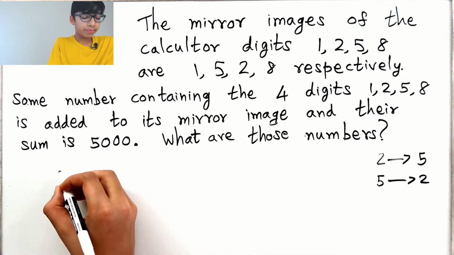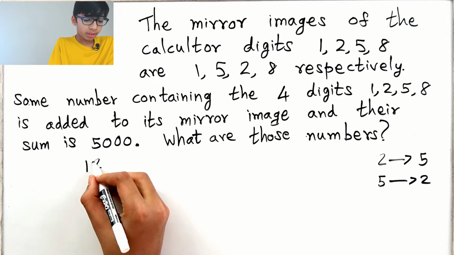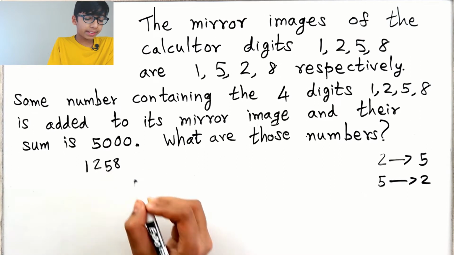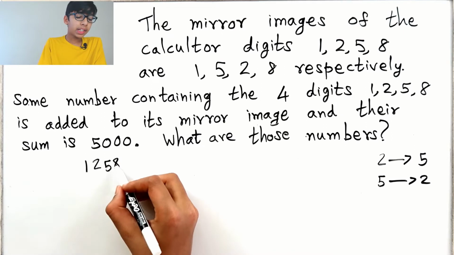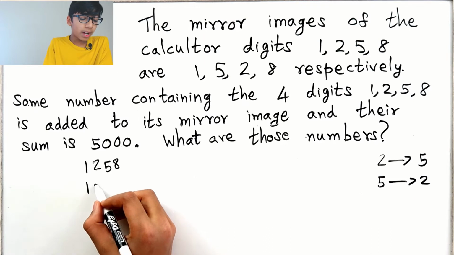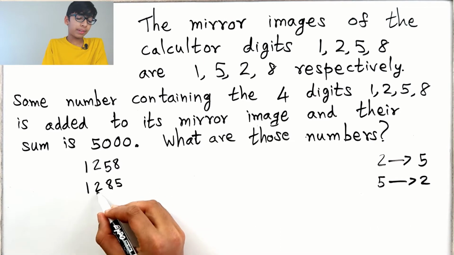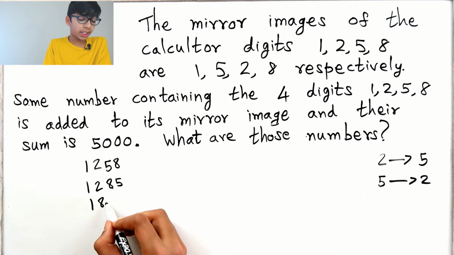So let's say 1 as first. 1, 2, 5, 8. Okay, so now here let's move the 8 over here. Then it would be 1, 2, 8, 5. Now let's move the 8 over here again. That'd be 1, 8, 2, 5.